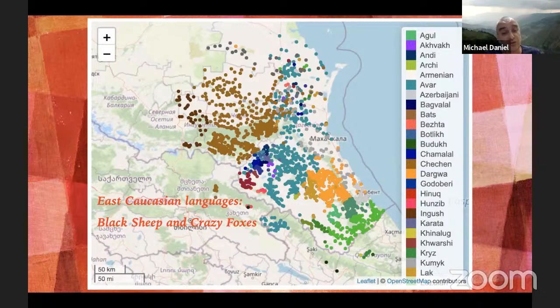The only thing that we don't know exactly is what happened in Nakh and Udi. We don't know whether they lost their template or they never developed it. There is no conclusive evidence for either of the options, I think. But there might be looming some kind of areality in terms of complexity of morphological systems here on the map.